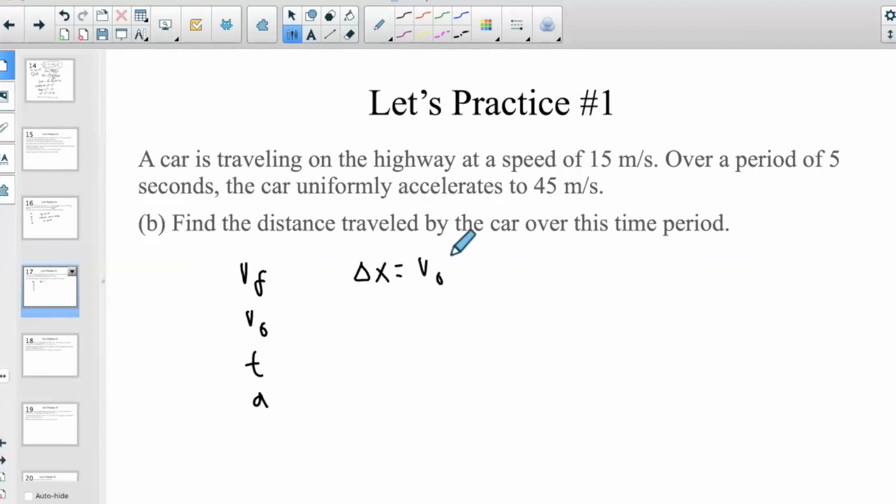We can use delta x equals v naught t plus 1/2 at squared, or we can use the time independent equation, vf squared equals v naught squared plus 2a delta x. Although this first equation does work, this one requires fewer quantities and therefore it makes it easier to calculate. So we're going to plug our values into this equation to get our answer.